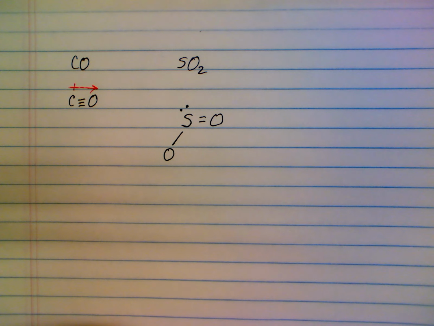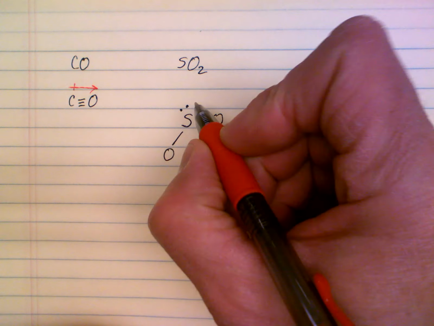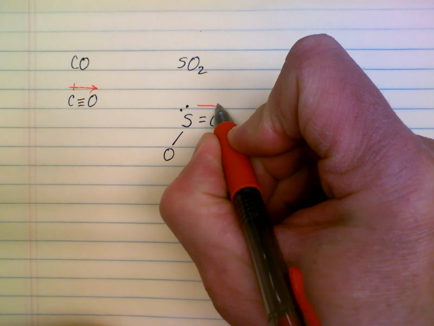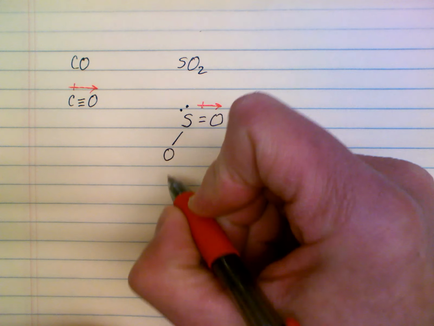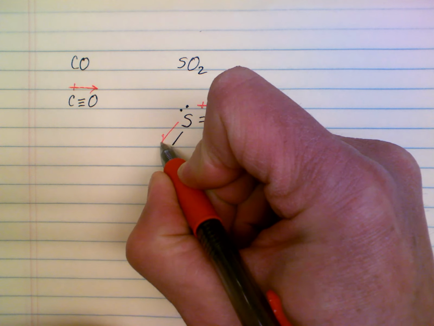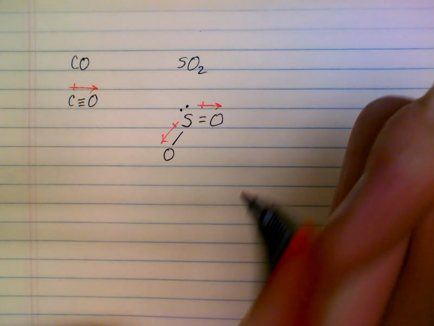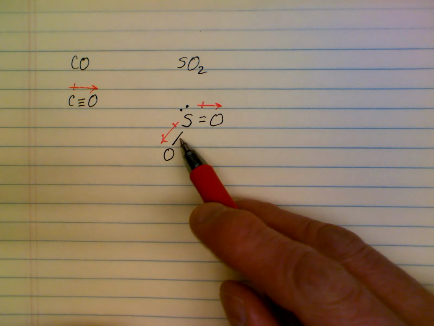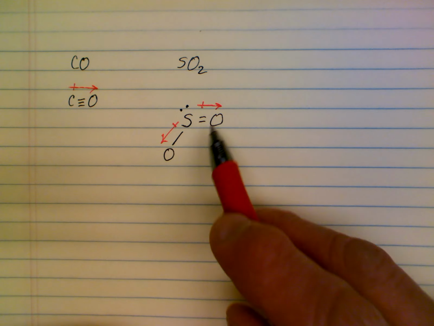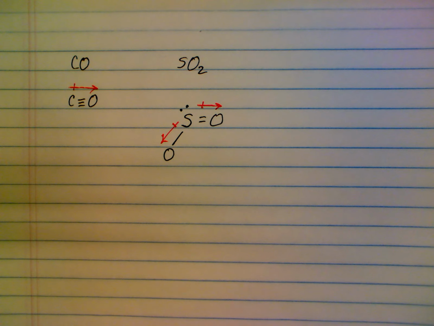Now, as we showed before with SO3 or sulfur trioxide, we had a dipole going from the sulfur to the oxygen. So we're going to have a dipole going from the sulfur to the oxygen here and here. But in this case, unlike carbon dioxide, the dipoles are not directly opposing each other. And so this molecule will be polar.